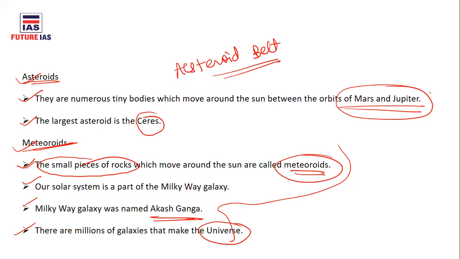So you can say that the universe consists of millions of galaxies, and one galaxy consists of millions of star systems or solar systems, isn't it? And one solar system consists of many planets, and one planet may have its moons, something like that. So it is a relationship between the universe, the star system or solar system, and the planets.